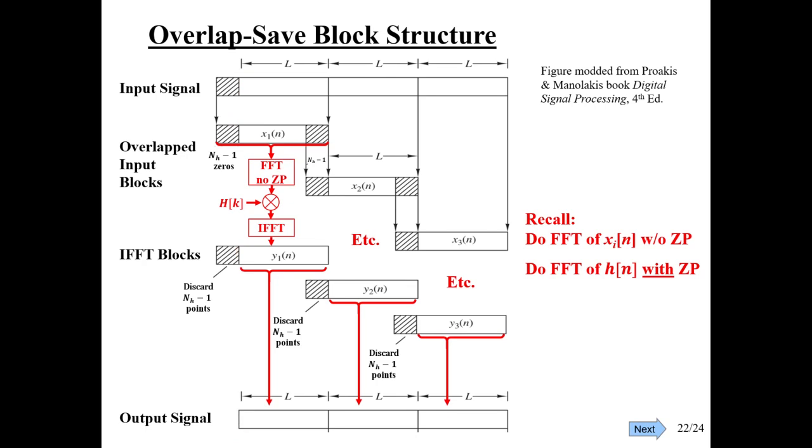Then we take the next set of L new samples, and they come down here, and we take the previous NH minus 1 samples, go in there, compute the FFT with no zero padding, multiply by the filter DFT, do the inverse FFT, and we get this whole block, throw away the NH-1 points at the beginning, take the rest, and put it right up against the edge of the end of the previous block.